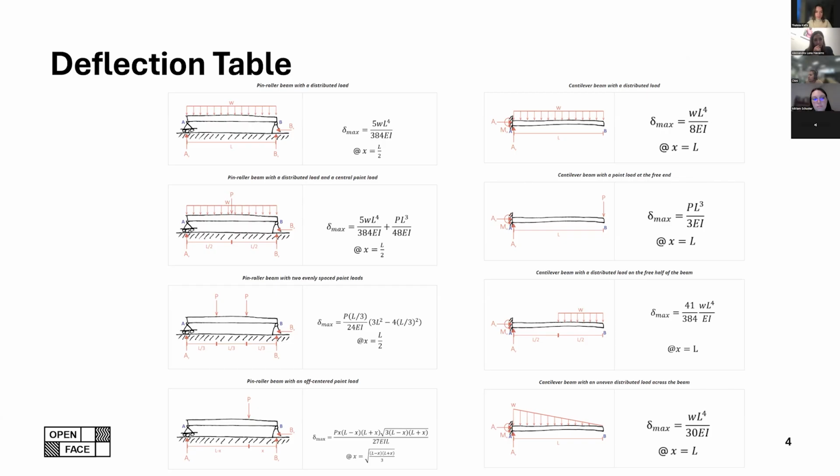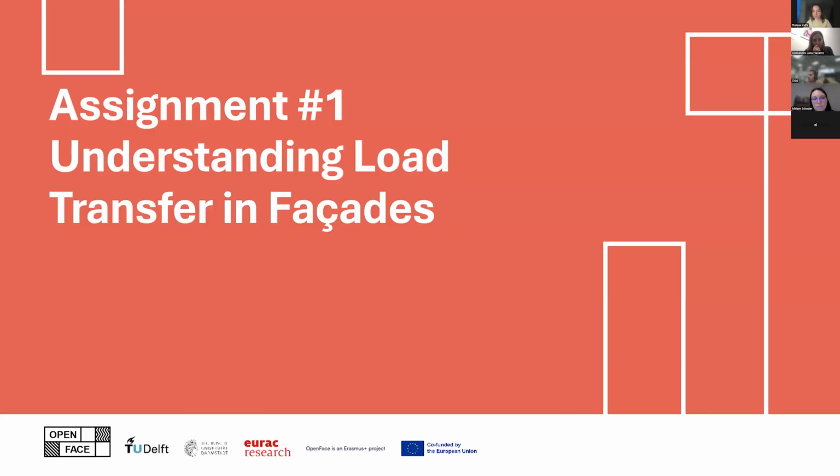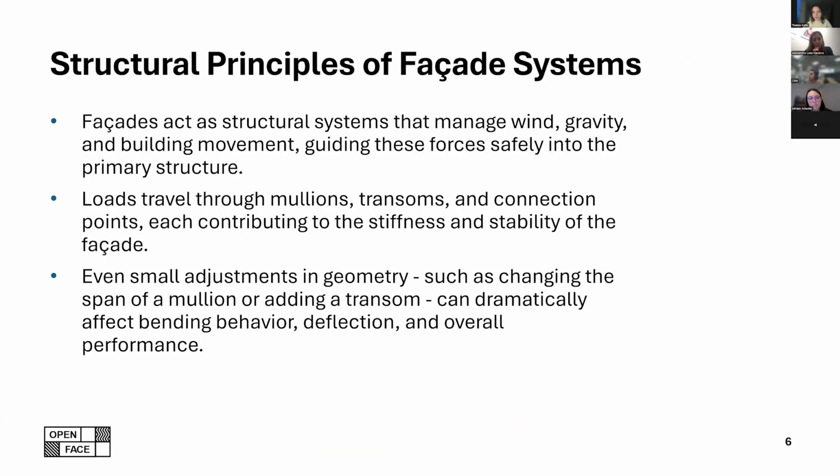Then we'll go over the first assignment you had to complete. Before we dive into the assignments, let's take a moment to look at what the structural design principles mean in the context of facades.